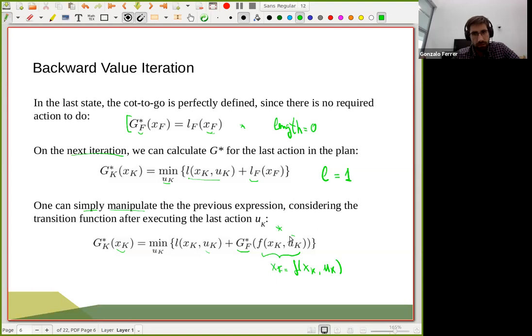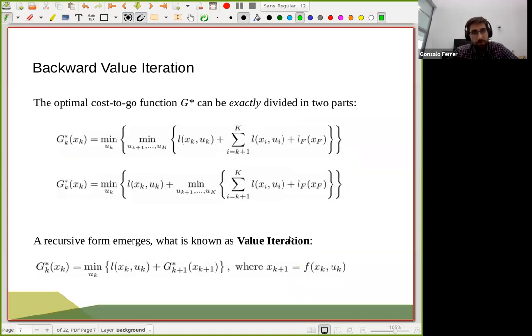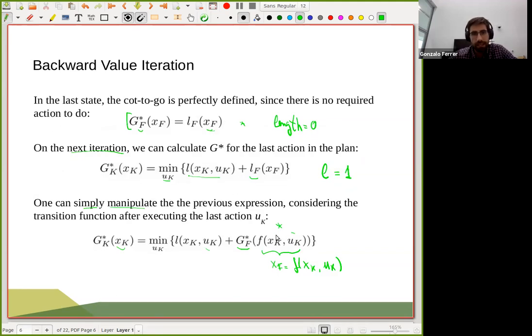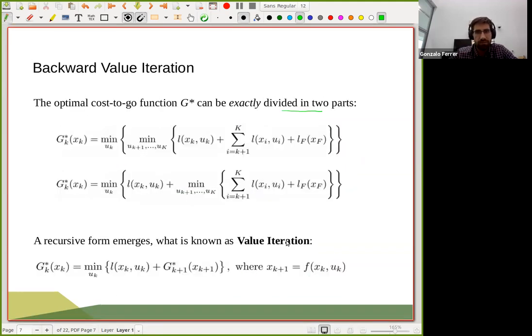We are just doing simple manipulations, but you can see that this is actually a recursive form, right? Now, here we were analyzing length 1. Let's say that we have length k, small k. We could divide this into parts.